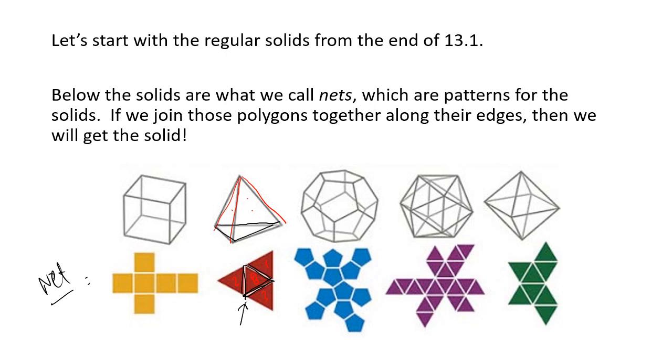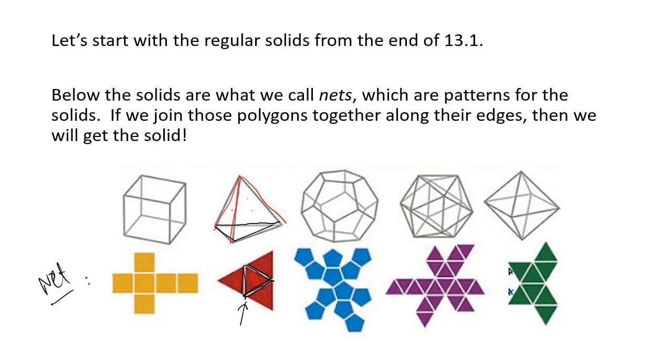Some of these are a little bit harder to see than others as to how they fold up. So you may see these edges labeled sometimes, like an A and an A. What that means is that when you fold this together, those two A's will join back up.